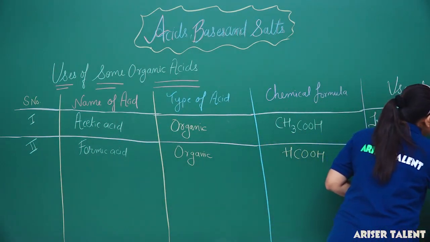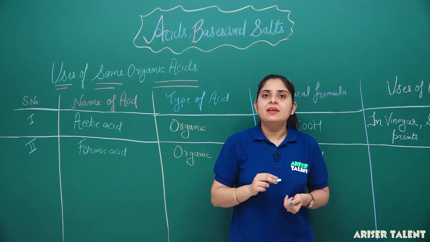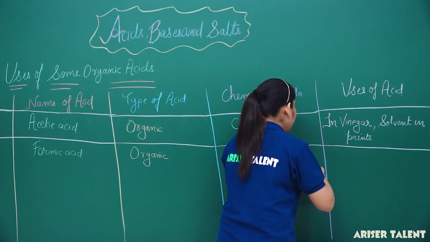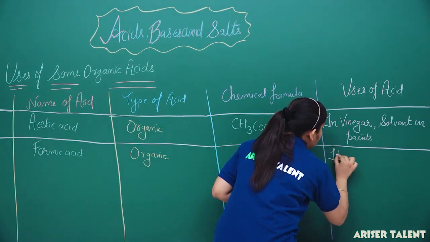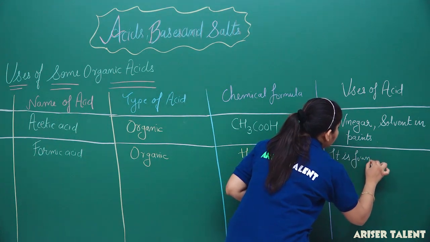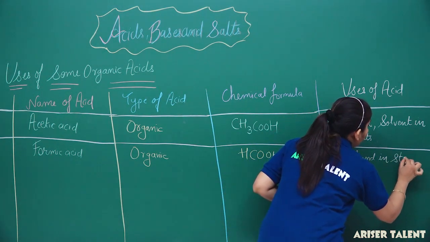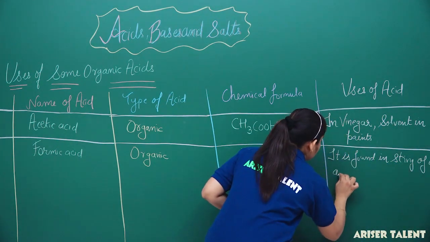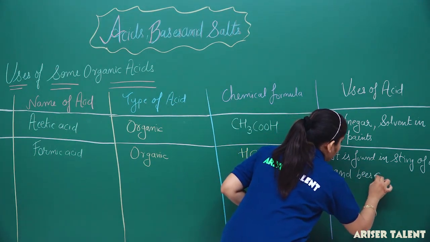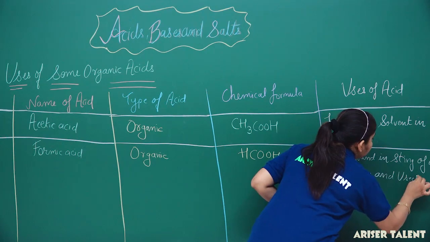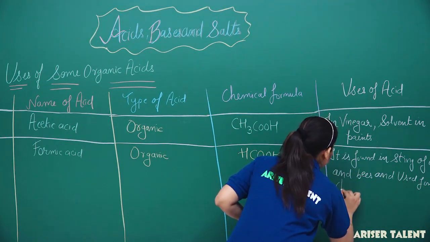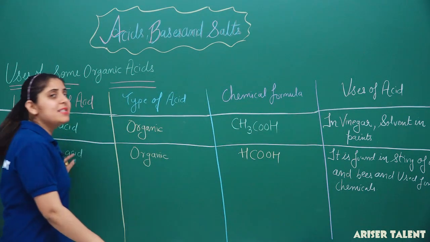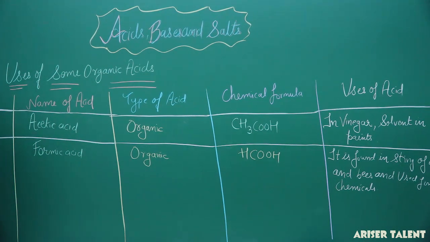It is found in the sting of bees and ants, and it is used for making certain chemicals. So its use will be: it is found in the sting of ants and bees, and used for preparing chemicals. So this will be the use of formic acid.